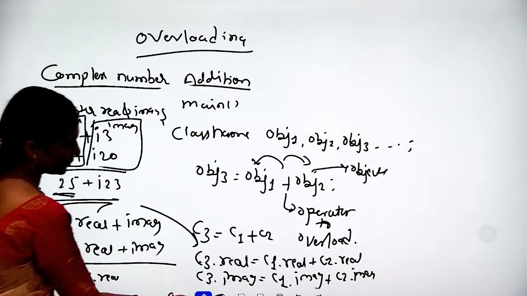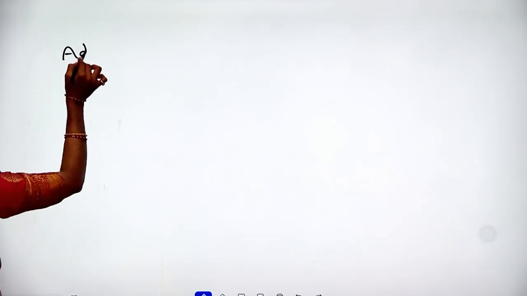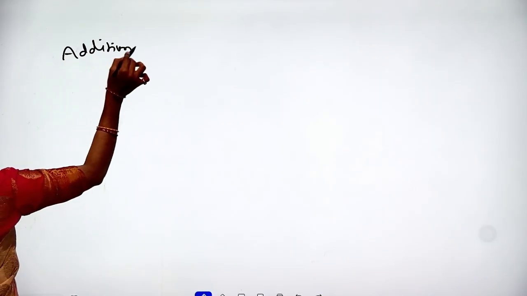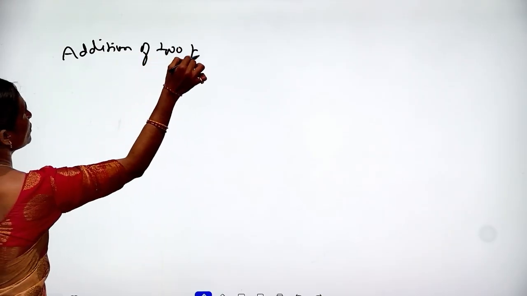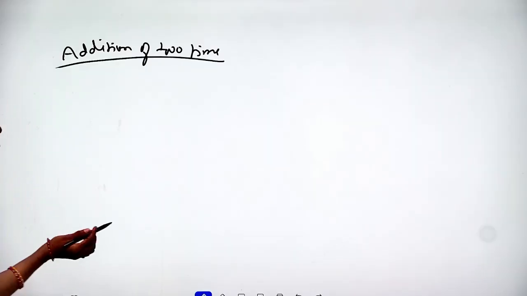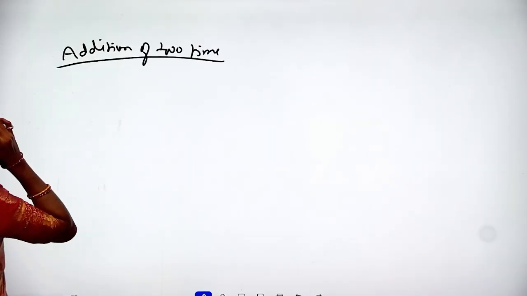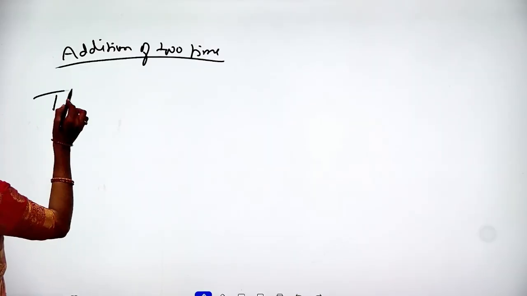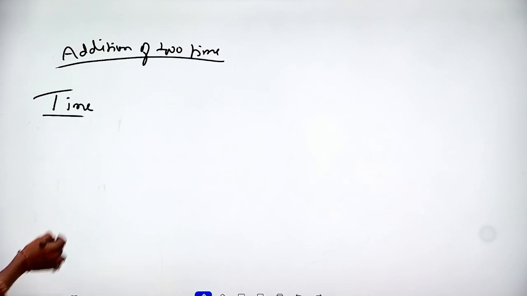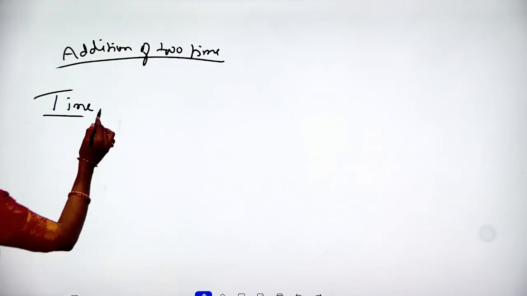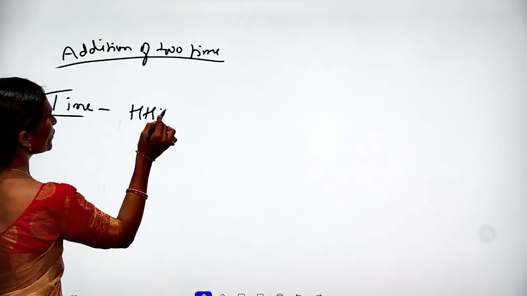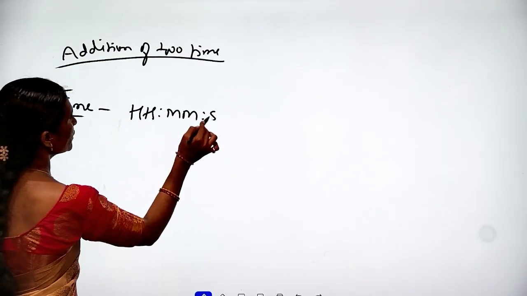Let's take one more example so that you understand why we need operator overloading: addition of two times. The concept we will learn later. If I want to take the time, I will take the standard: hour, minute, and second.